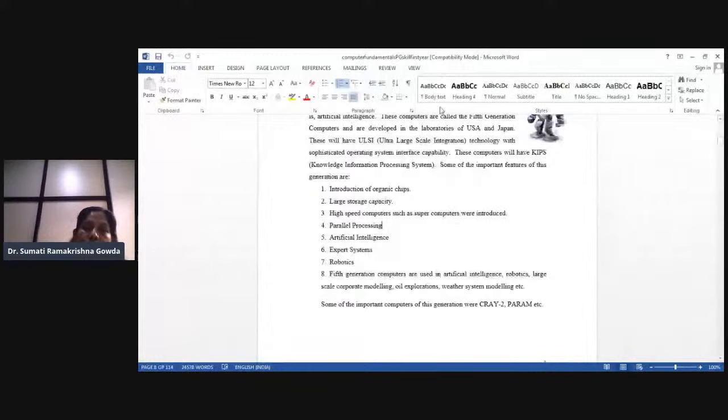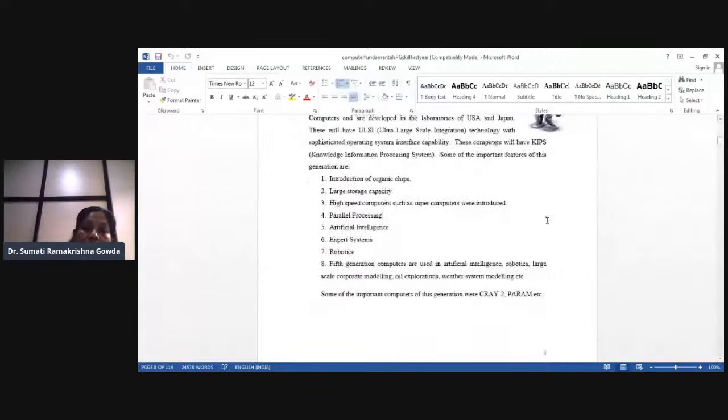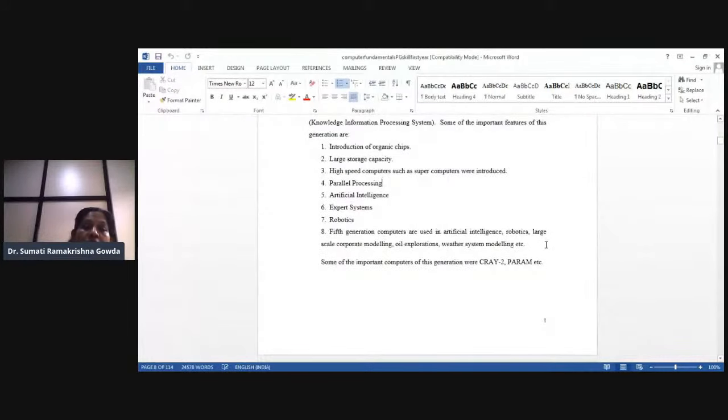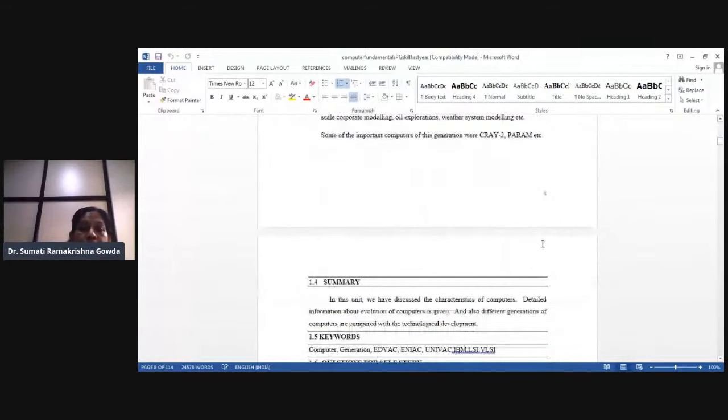You can also use these supercomputers in defense. Instead of doing it manually, you can use robots and artificial intelligence. Drones and all they are using, they are all advanced computers.